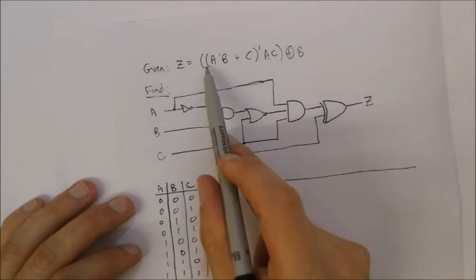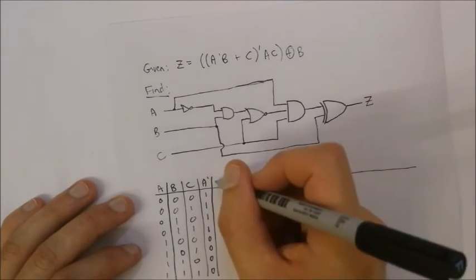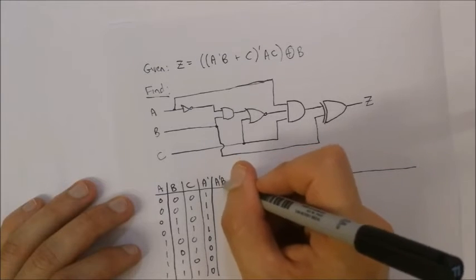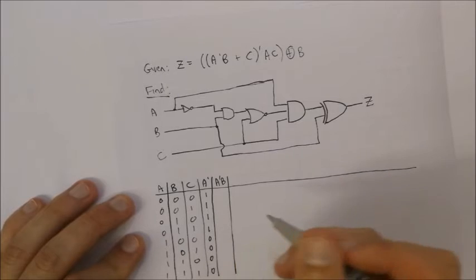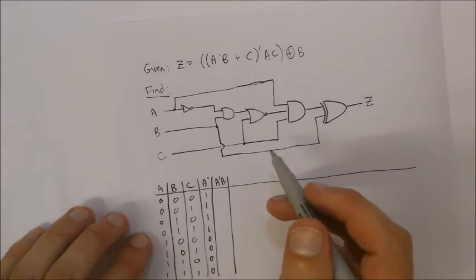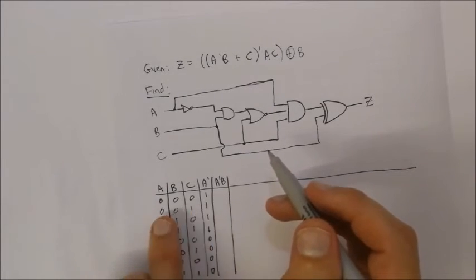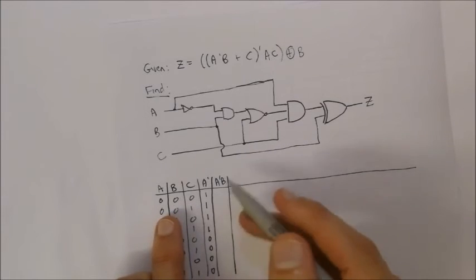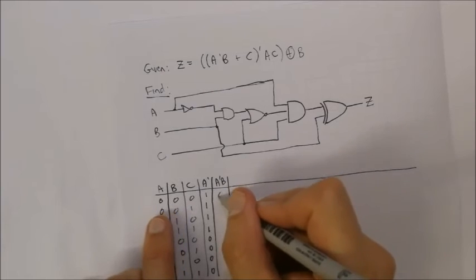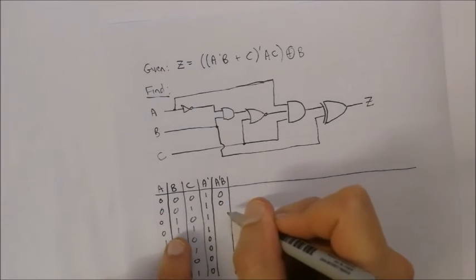Now A naught is ANDed with B, so A naught B. So both A naught and B need to be 1 for the output to be 1. We've got B which is 0 over there, B which is 0 over there.